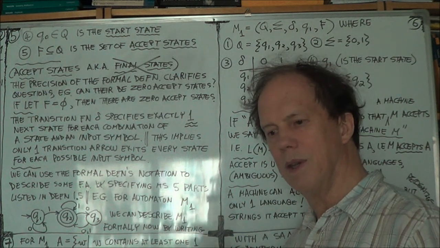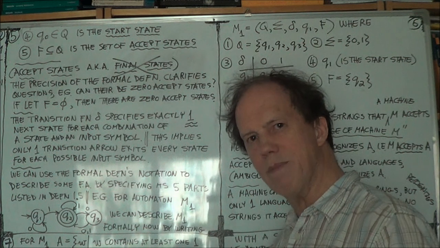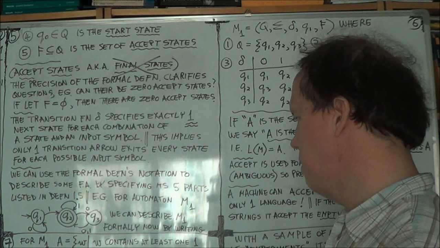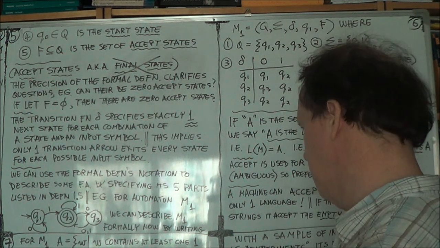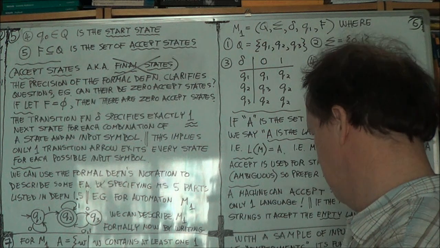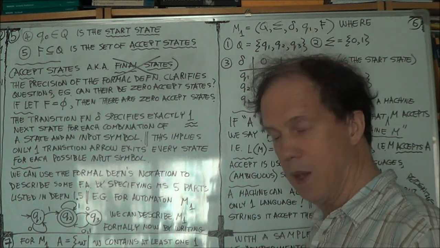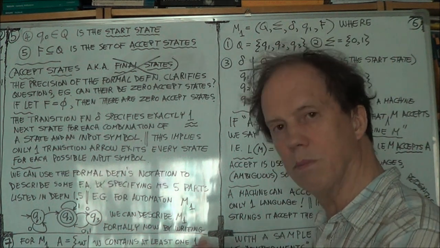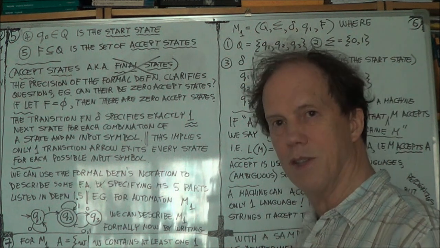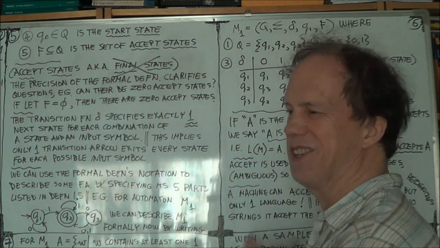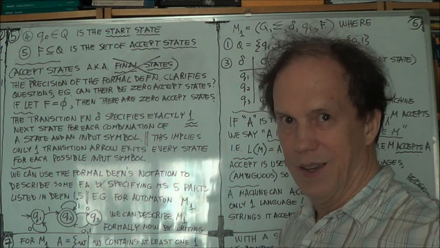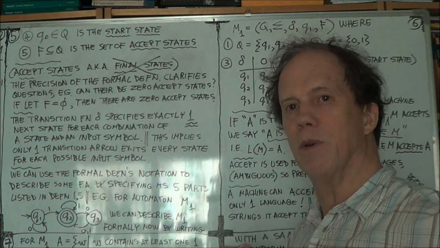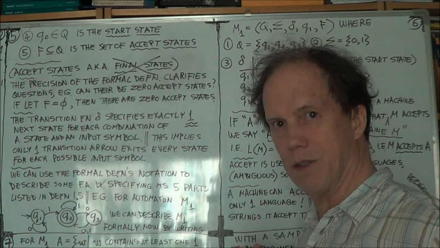What properties do the input strings have that make them members of that language A? And then we'll start doing some other examples of automata, different from M1. We'll do several different automata and write out their 5-tuple, their formal definition, to give us practice doing that.